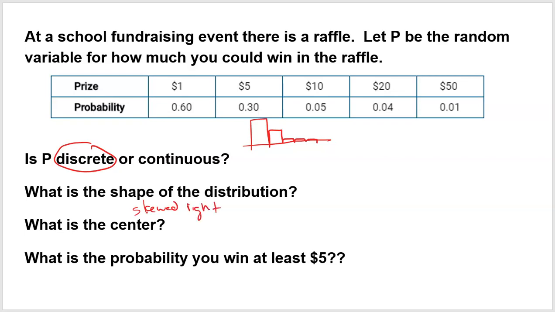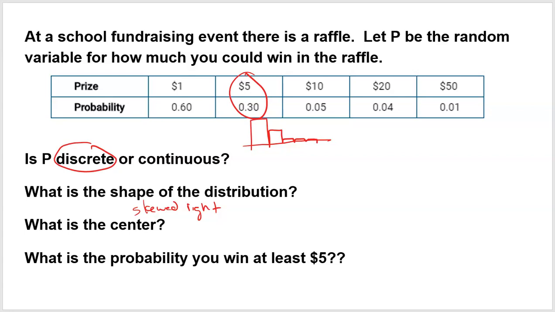All right, now what's the center? Well, once again, we're trying to find that median that has 50% at or above it, 50% at or below it. Well, the only number that that's going to work for is right here, $5. There's actually a lot above, so at or above, so that's going to be 30, 5, 4, and 1. That's 40%. Oh, wait a minute, maybe I'm wrong here. Yeah, that's not actually going to be the median because that doesn't have enough, right? I thought it was. I was mistaken. There's definitely enough below.